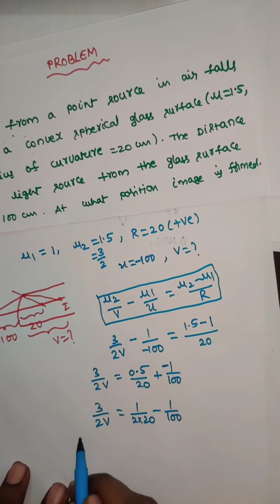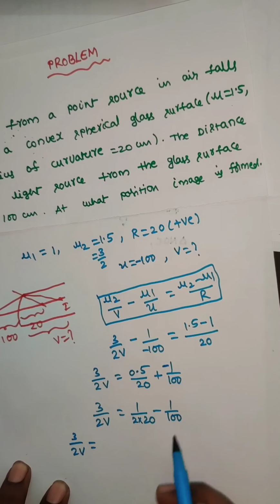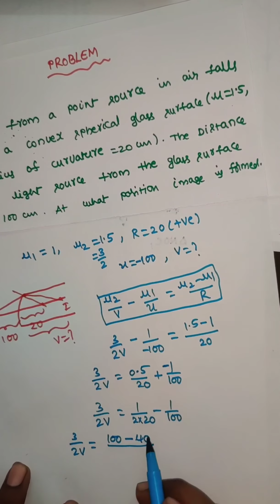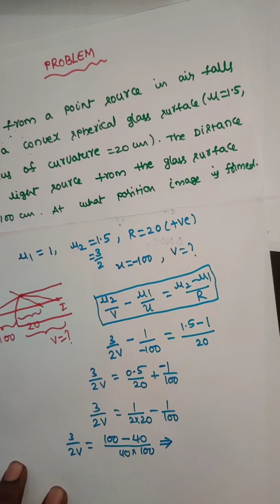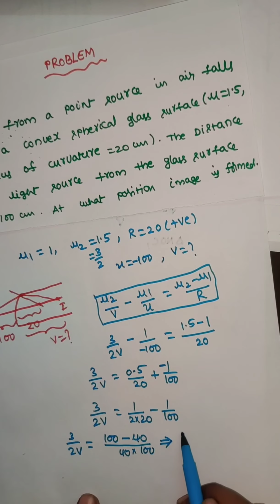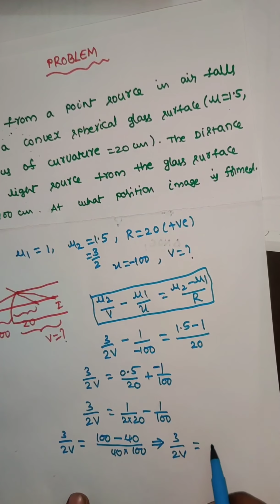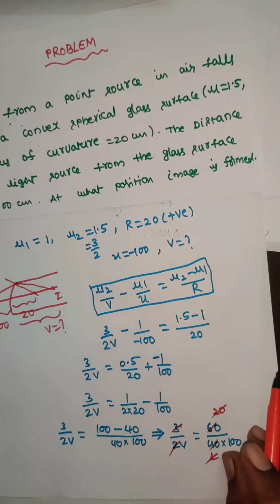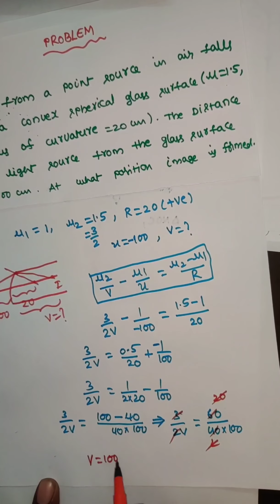If you calculate, 3 by 2V is equal to 100 minus 40 divided by 40 into 100, so 60 by 4000. The factors cancel, and what we get is V is equal to 100 centimeter.